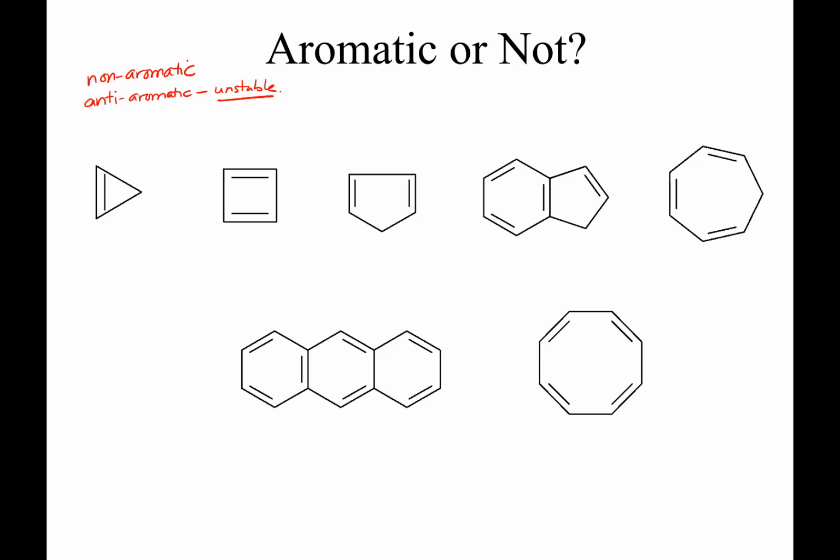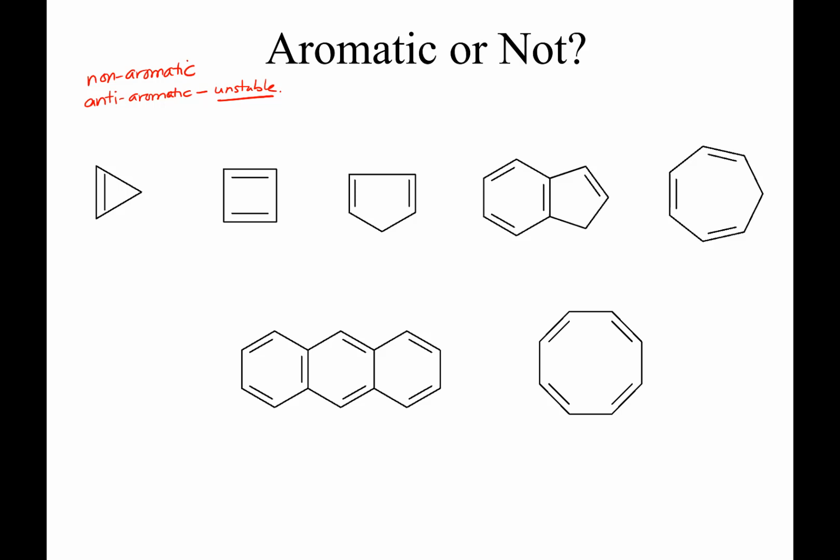Some of these that are anti-aromatic have been made for a split second, enough to determine their structures. So in terms of stability: aromatic, super stable; non-aromatic, not as stable; anti-aromatic, very unstable.